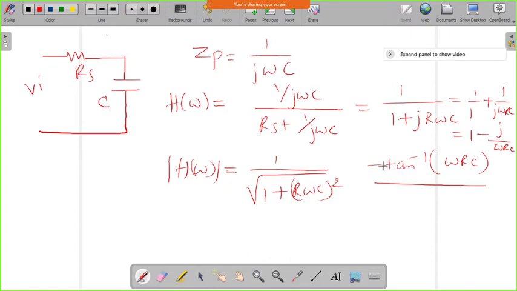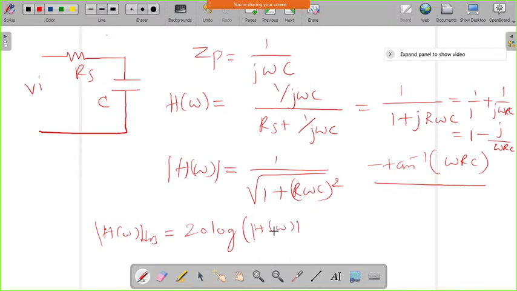Now if I want the gain in terms of dB, H of omega in dB, that is 20 log of the magnitude of H of omega.